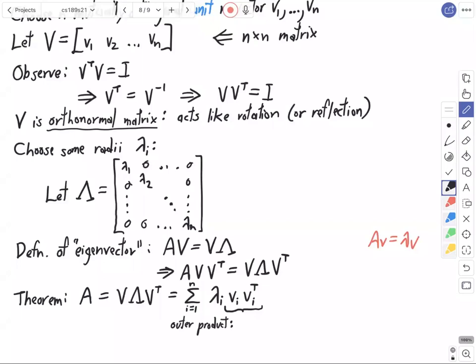It's an outer product because instead of collapsing two vectors down to a scalar like an inner product, you blow it up into an n by n matrix. You multiply one vector of length n by another vector of length n, and you get a big n by n matrix which only has rank 1.